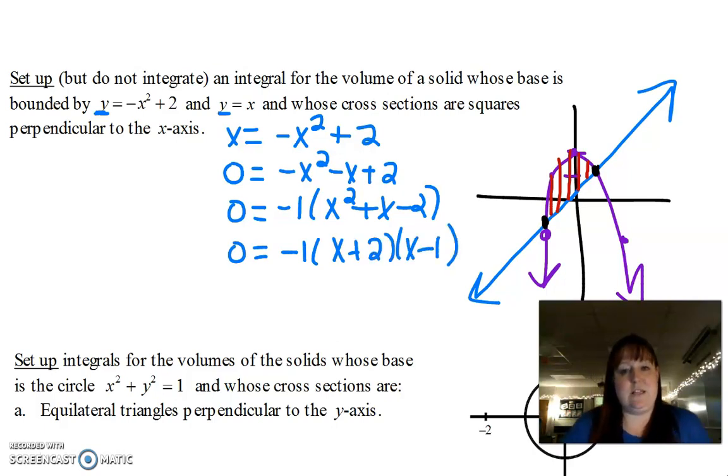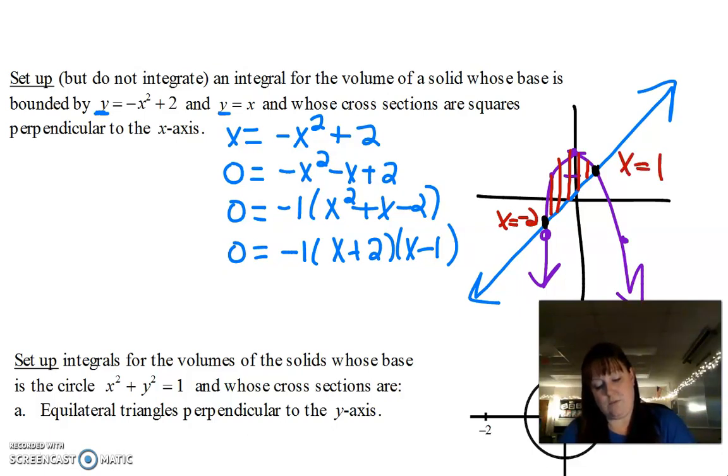So we know that these cross when x equals negative 2 and when x equals 1. So this point right here is x equals negative 2, and this point is x equals 1. And the points would be (1, 1) and (negative 2, negative 2), because we know that y equals x in this case. So what are our limits of integration?